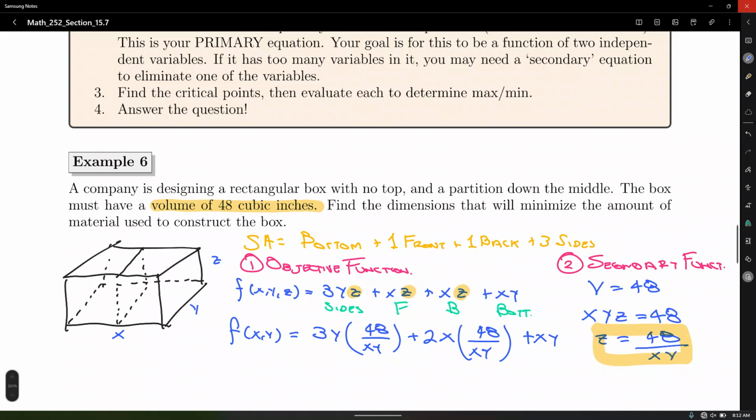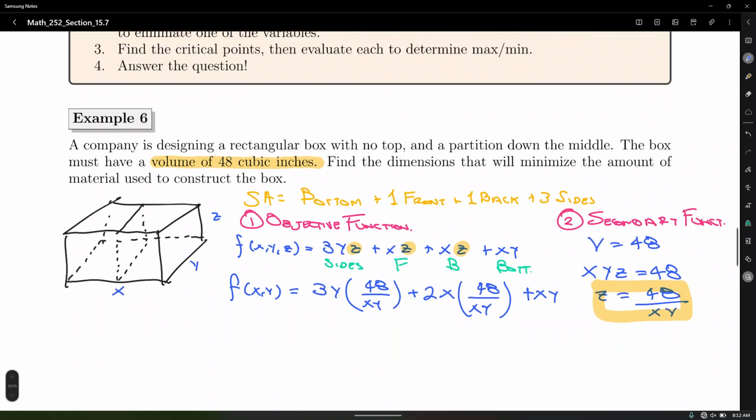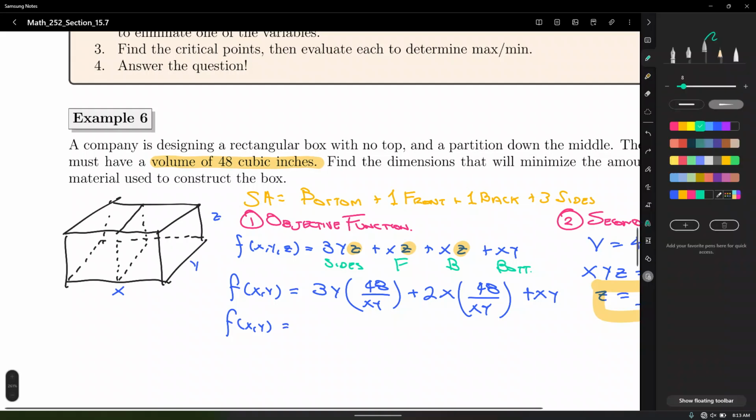Let's simplify this function as much as we can and also write it in a way that we can do calculus on it. All right, so f of x, y equals, I'm going to reduce the y's right here, and reduce the x's here.